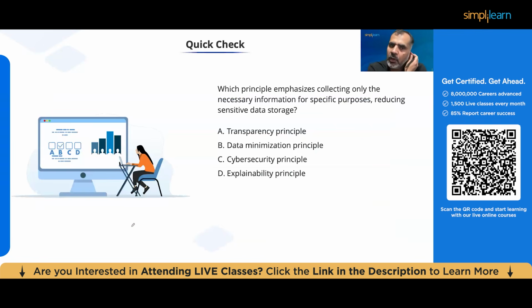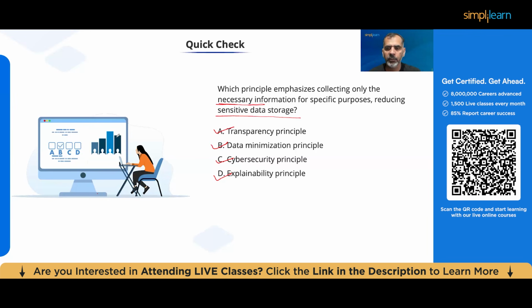Let's have a quick recap on whatever we have discussed, guys. It is more of a theoretical question. Which principle emphasizes collecting only the necessary information for a specific purpose, reducing sensitive data and storage? One is the transparency principle, data minimization principle, cybersecurity principle, or explainability principle. What do you think? What is the right option? Yeah, so you can say B is the right option, which basically talks about collecting only the necessary information.